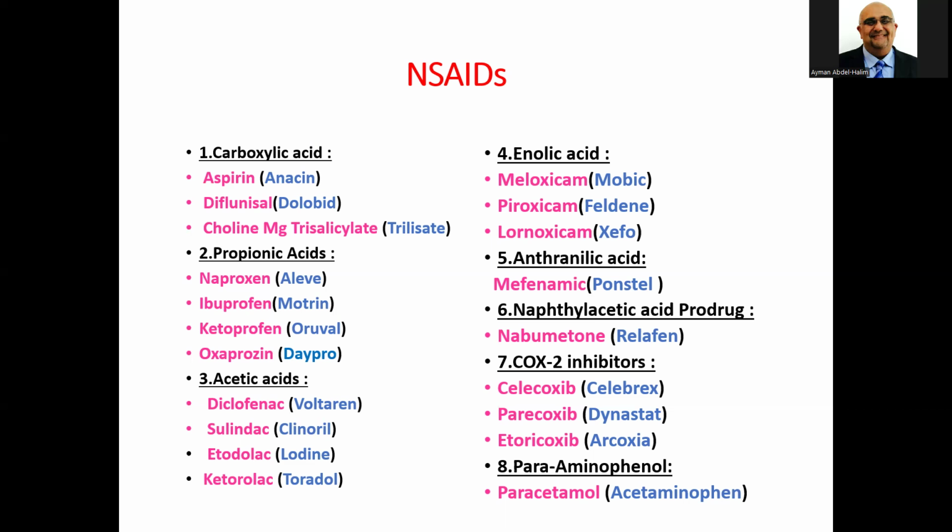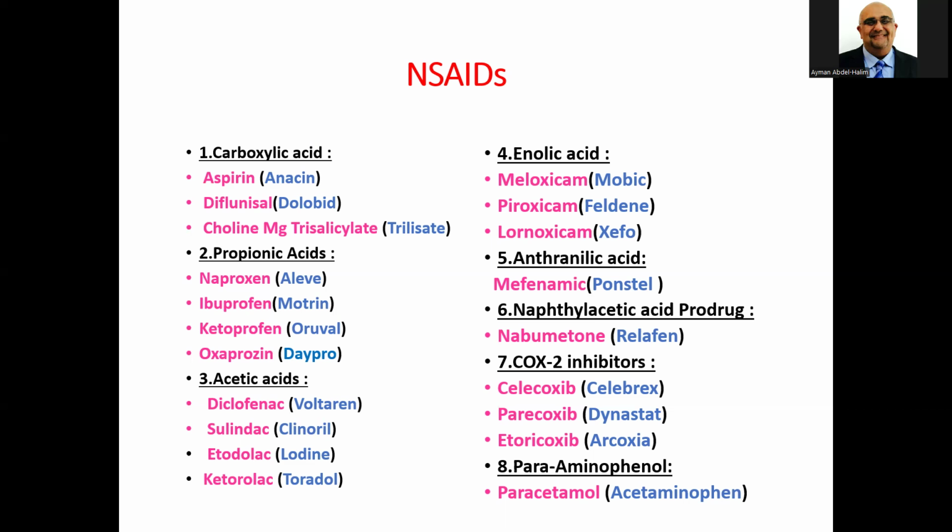Now, I like to add it to the other regimens, especially if I'm gonna use long-term NSAID in a patient, and this reduces the risk of thromboembolic complications. Okay, propionic acid, naproxen, and ibuprofen, one of the most famous NSAIDs used.